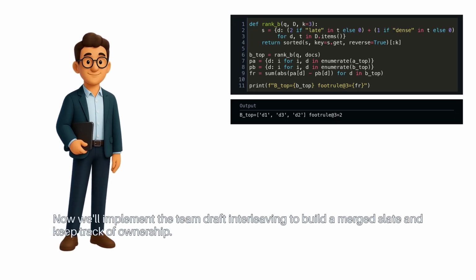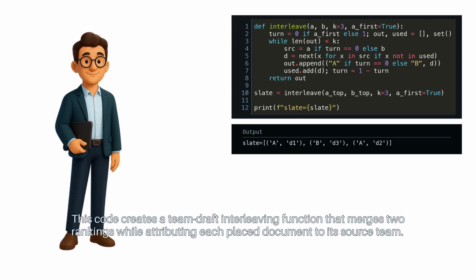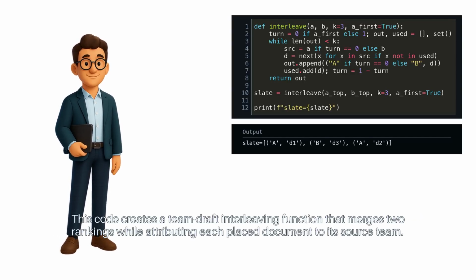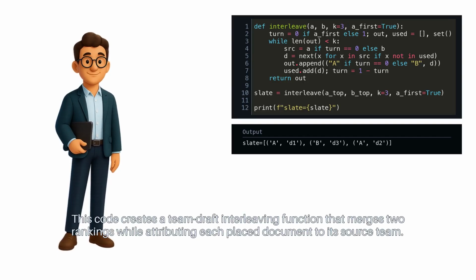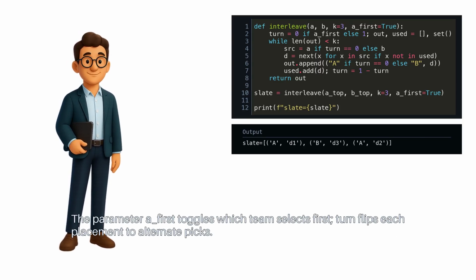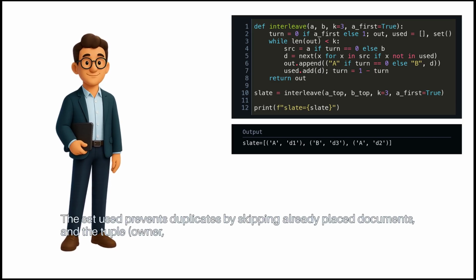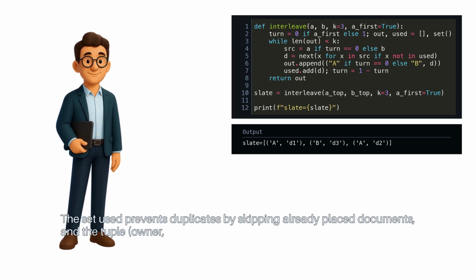Now we'll implement the team draft interleaving to build a merged slate and keep track of ownership. This code creates a team draft interleaving function that merges two rankings while attributing each placed document to its source team. The parameter A first toggles which team selects first. Turn flips each placement to alternate picks. The set used prevents duplicates by skipping already placed documents.